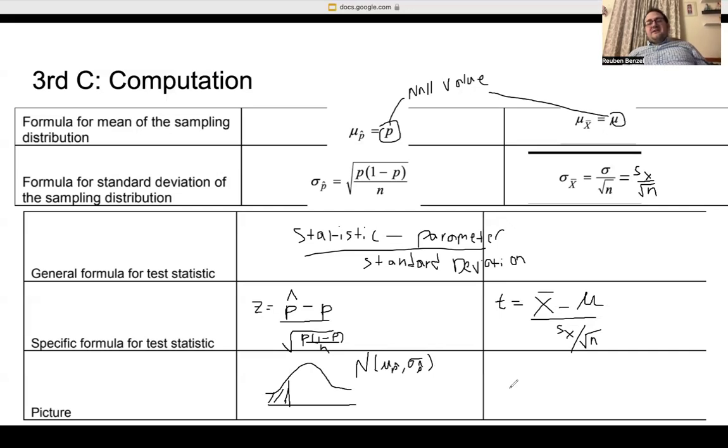And you're going to be using a t-distribution picture with the degrees of freedom. So you just do t parentheses df to specify your t-distribution, and then you do the appropriate shading from a picture when you're doing that t-test.